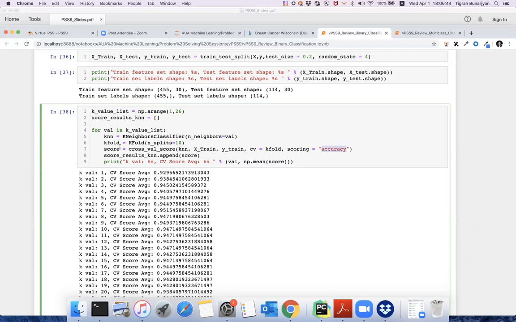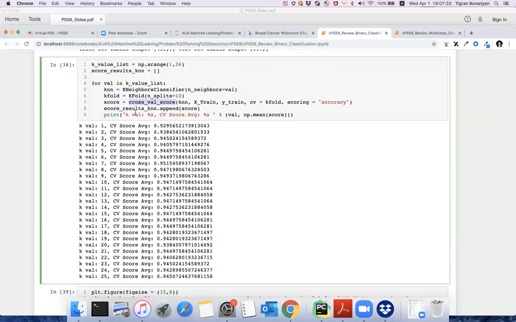So as it was for the C, in here also we have score as a list of the cross-validation scores, in which we have a cross-validation score corresponding to each fold of k-fold cross-validation, and we're actually interested in the average cross-validation score to understand for which k we have the maximum average cross-validation score.